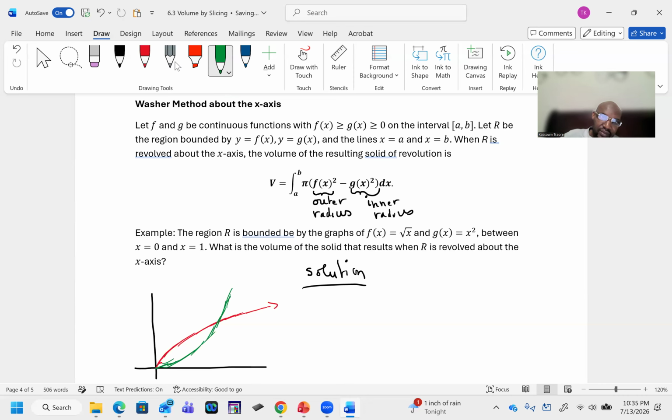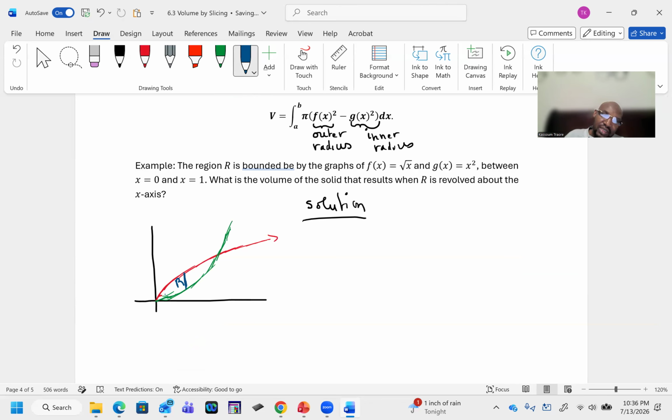And this will be my R. So when we revolve across the x-axis, the same graph that you have here, let me just make this one like a dot.